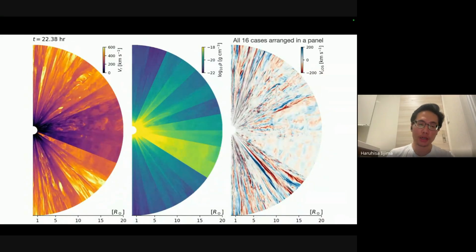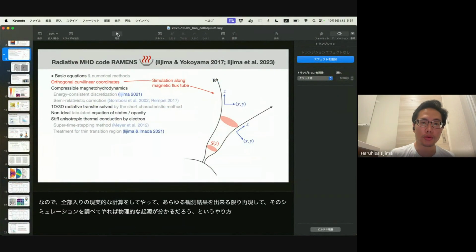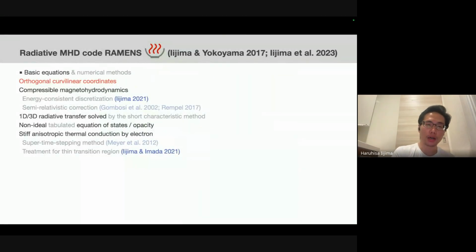But the important weak point of our simulation is that we use semi-relativistic corrections, which is, in other words, the outbound wave reduction technique to speed up the computer simulations.